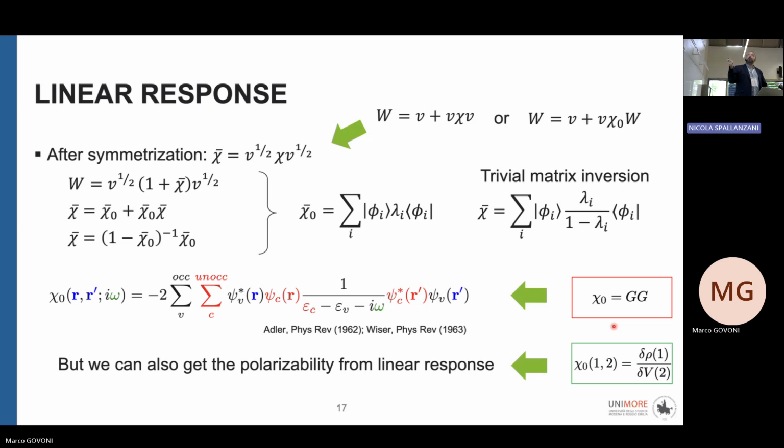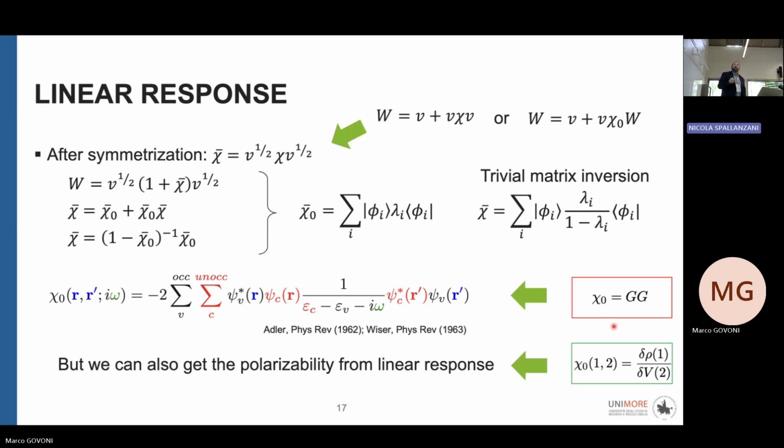Okay, so the first way to get to the decomposition is to store the full matrix, right? We compute this chi-naught, the reducible response, using the so-called Adler and Wiser formula from the 60s. And this formula can be derived once you take the GW approximation, and so you remove the vertex here and you get the bubble diagram that in the previous lectures you saw many times. So there is a summation over occupied states, a summation over unoccupied states.